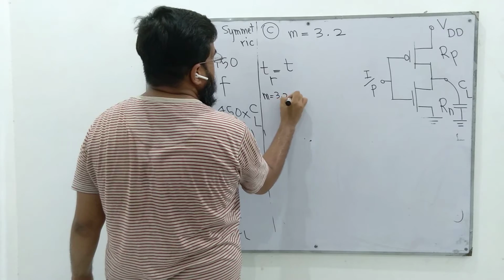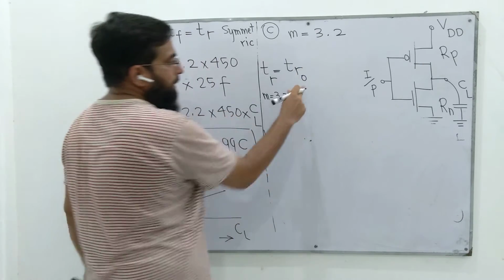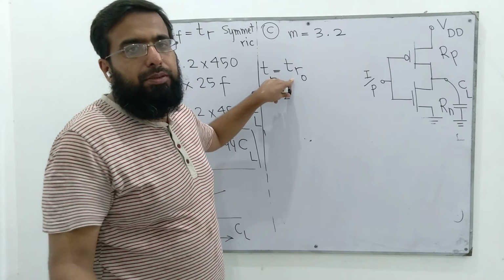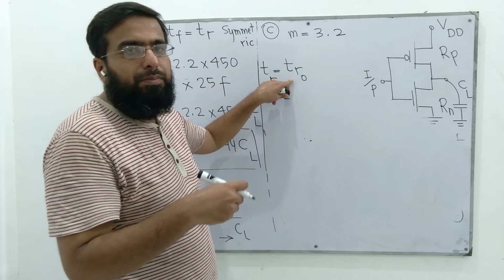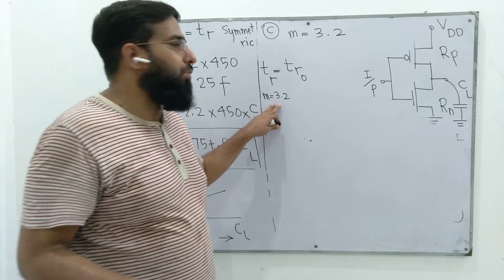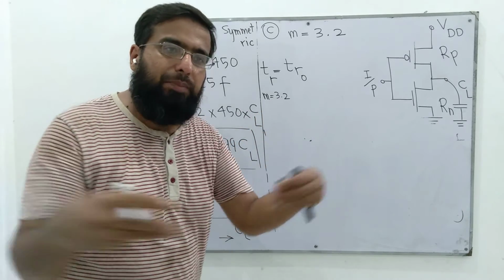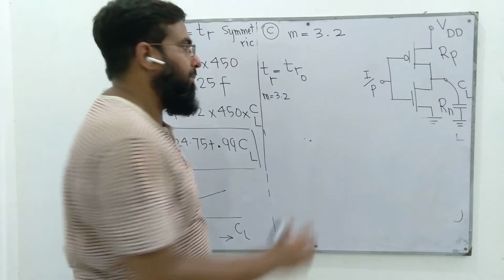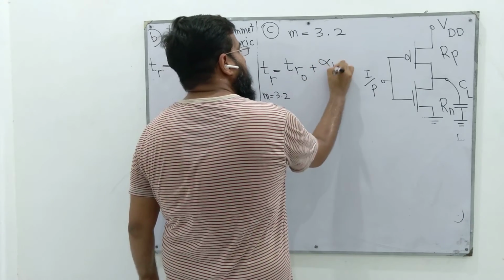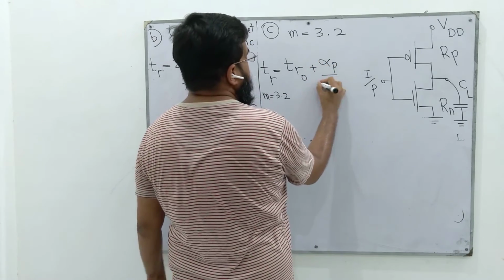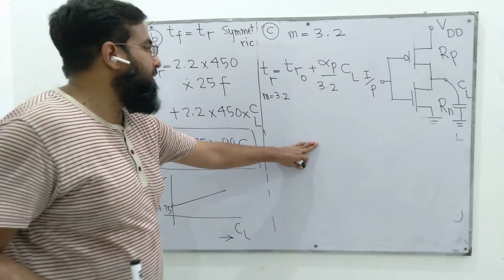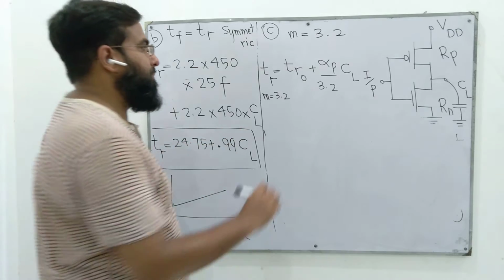The first term is independent of scaling because it involves two terms, a resistance and a capacitance. The resistance term is inversely proportional to m, and capacitance is directly proportional, so they cancel the effect, and this TR0 remains the same. Plus this alpha p is divided by m, times Cl. This we have studied maybe in lecture number 8 too.